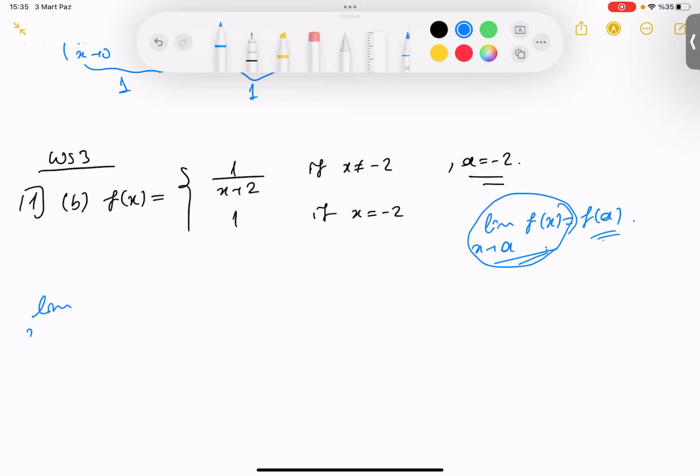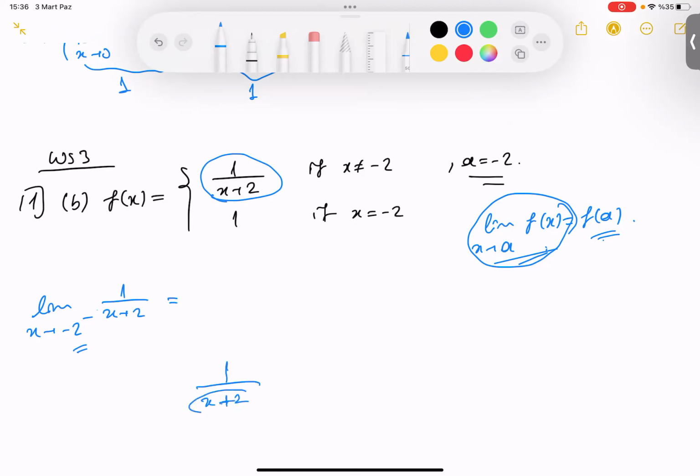We will have some problem here, okay? Now let's compute this one first. Let me write directly the definition of the function there. Except at -2, the function is defined by this, so you will just directly write it. Now we approach -2 from the left. So you have 1 over x plus 2, right?